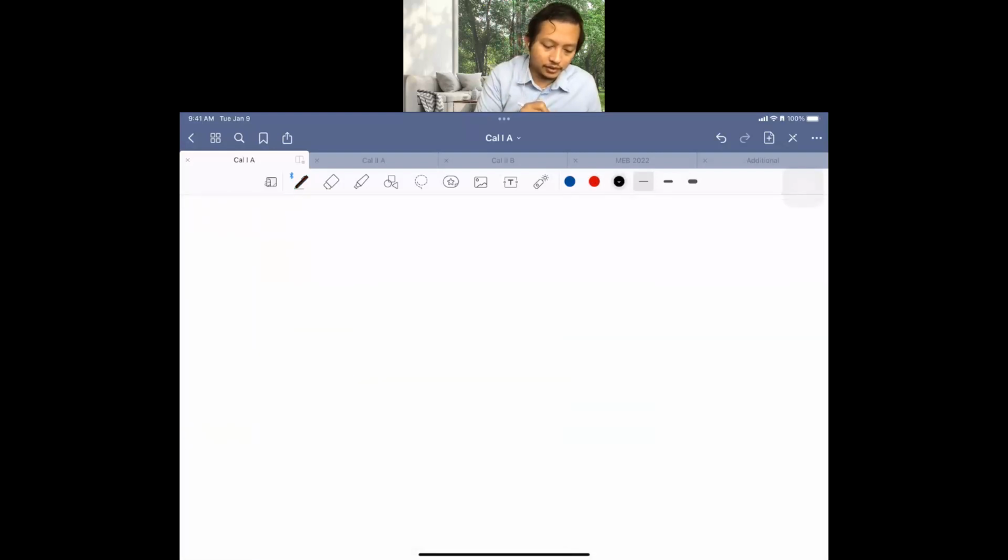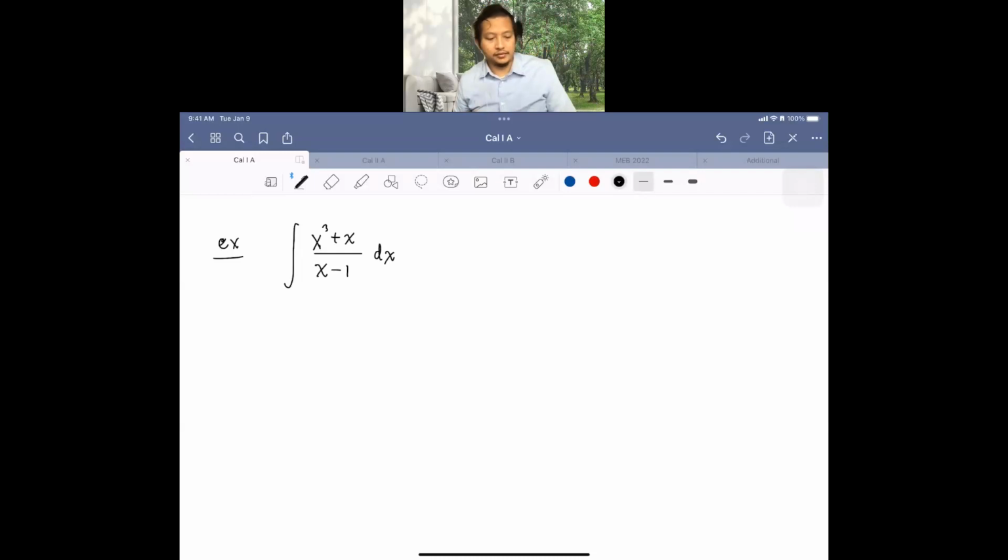Okay, another case, or let me just write an example on the partial fractions. If we have this, you see that the numerator has a higher power than the denominator. The first thing we can do is construct polynomial division, as I think you did in basic math or maybe high school.